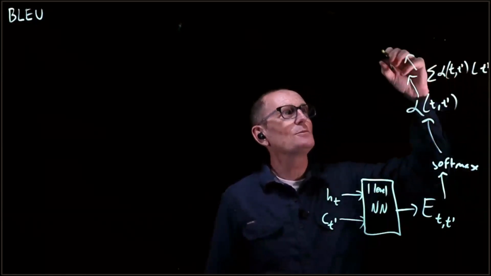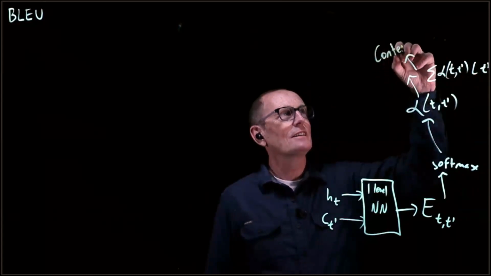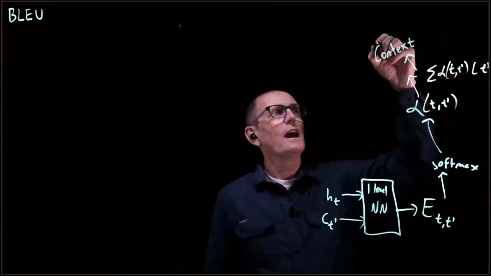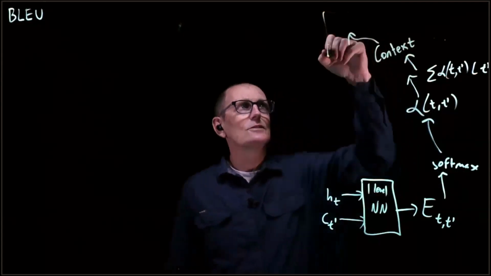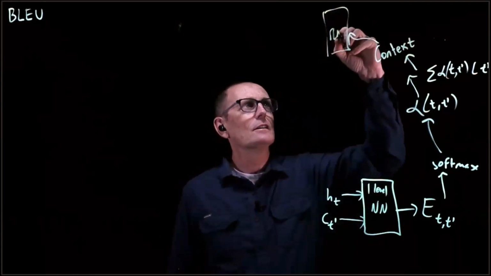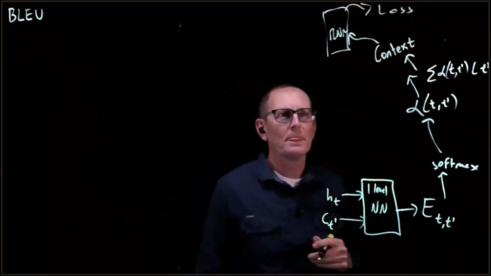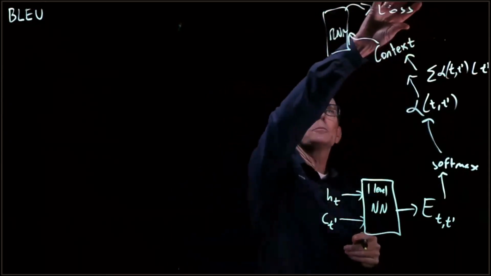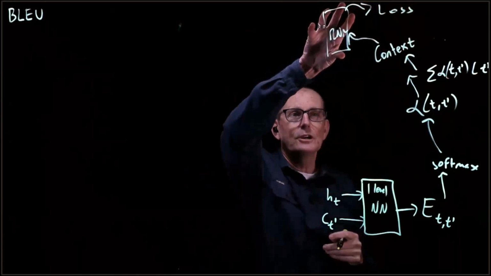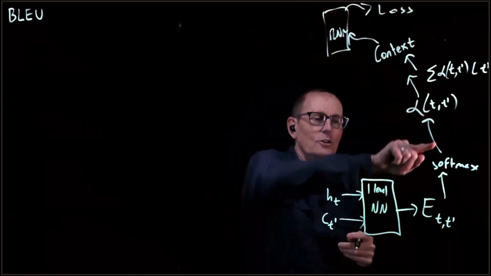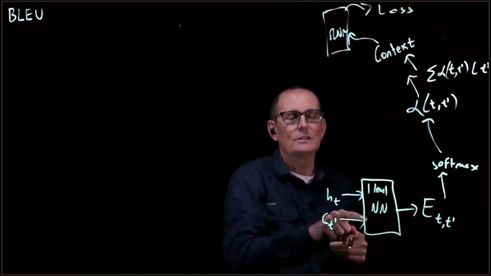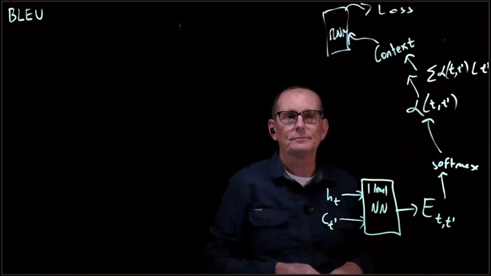And then this becomes a context, and that feeds into our RNN. And this will go to our loss eventually. So when we backpropagate, we'll backpropagate from the loss through the RNN and then also back through this neural network as well. Got it. Okay, that makes sense.